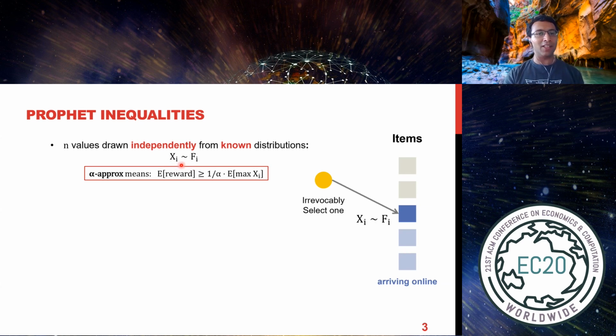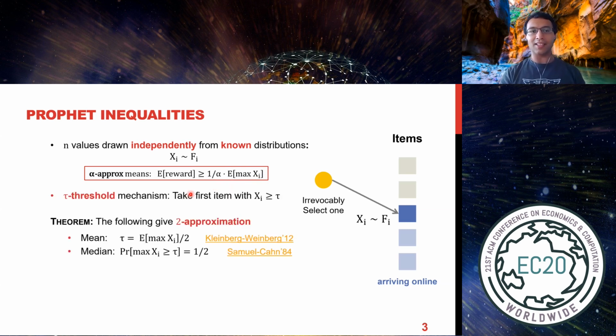Think of this as the value of the ith house. You go to these houses one by one, you get to see the outcome x_i, and you have to immediately decide the same question: am I taking it or not? You need to take just one of them. Your goal is to maximize your reward. In particular, how well can you do compared to the maximum offline solution? Offline means, had you known all these x_i's upfront, you would have selected the max x_i. So what fraction of it can you get?